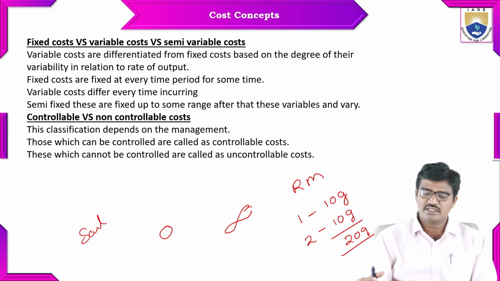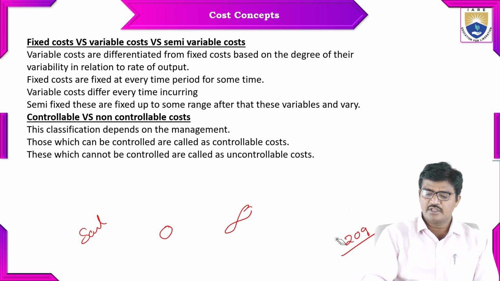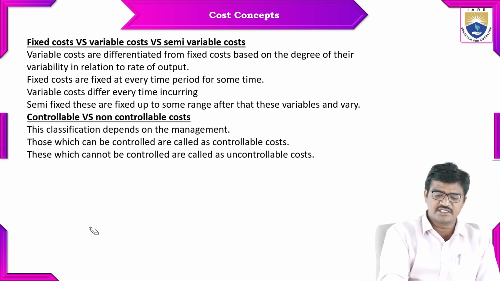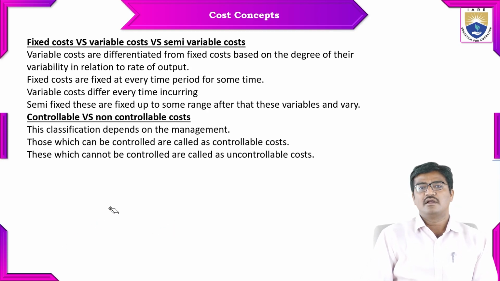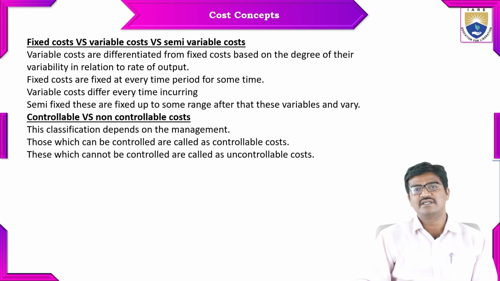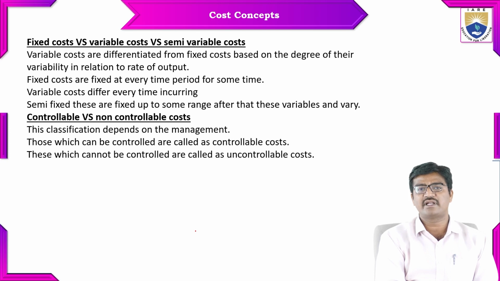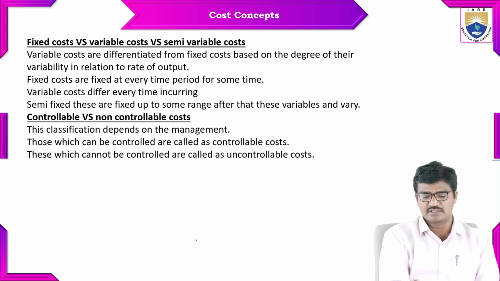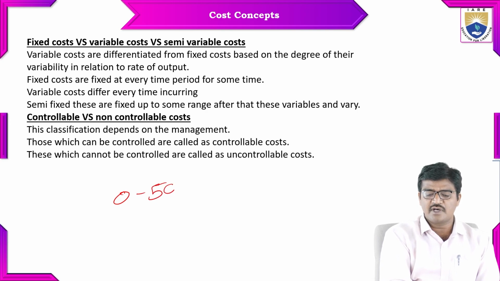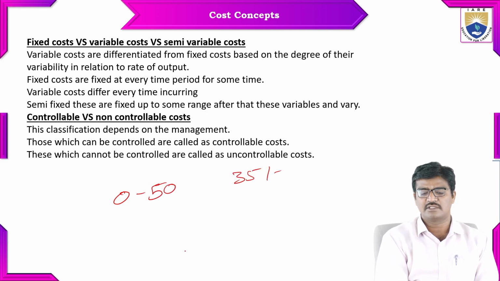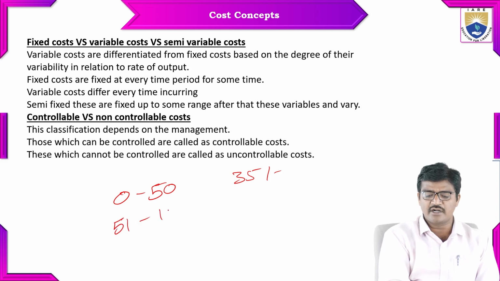And next, coming to the semi-variable cost. These costs are fixed up to some time period or some level, and after that these costs suddenly rise, and after that they remain fixed up to another level. For example, the surcharge levied in our electricity bill is the perfect example of semi-variable cost. For 0 to 50 units, you get 35 rupees of surcharge, and from 51 units to 100 units, you get 55 rupees of surcharge.